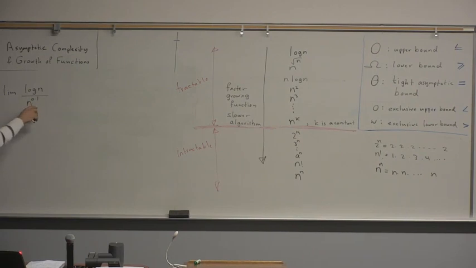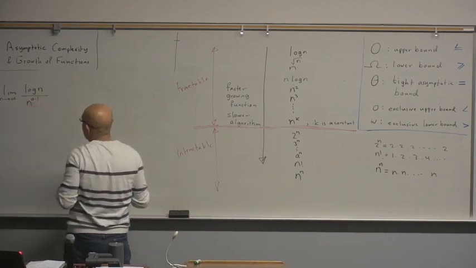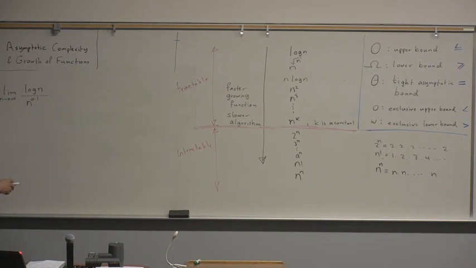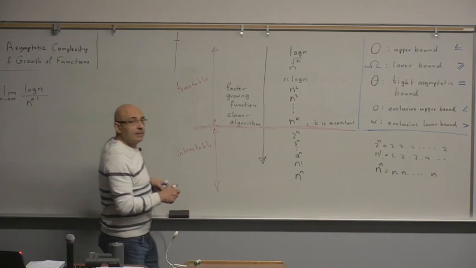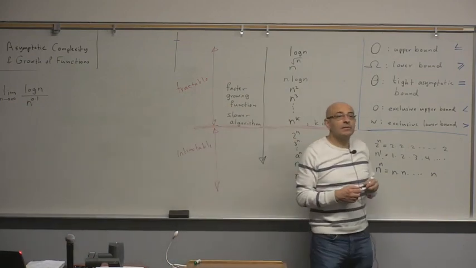So 0.1, is this smaller or larger than the square root? Smaller. Obviously, it's smaller as n goes to infinity. So how do we calculate this limit? How do we calculate this limit? Good question. Okay. So any clue? Nope. How?